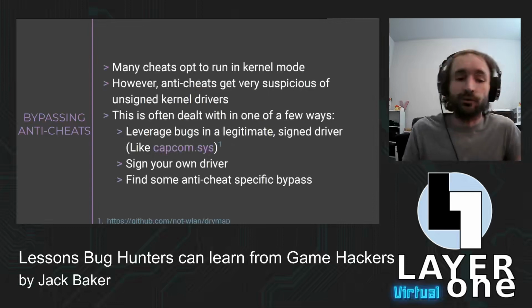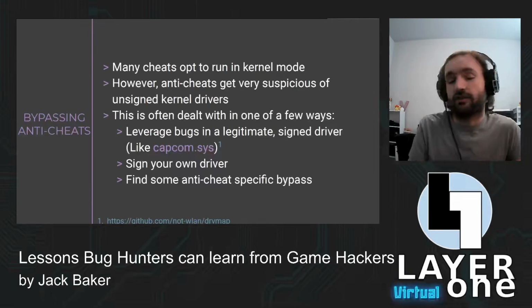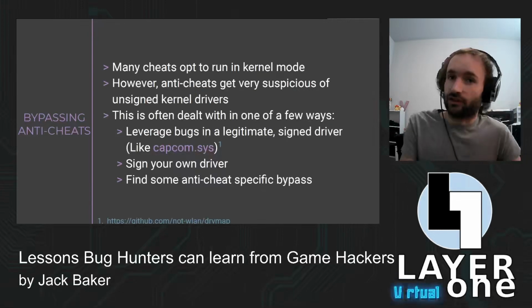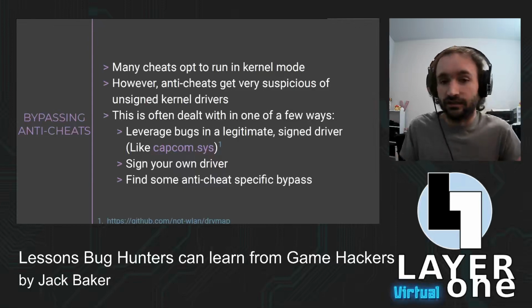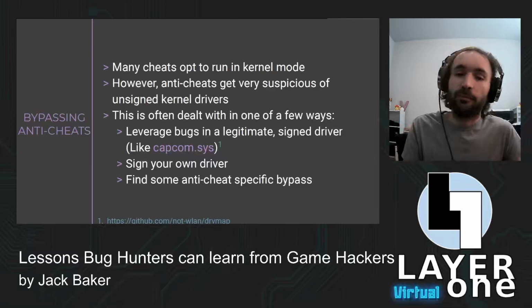So when we talk about bypassing anti-cheats, one of the things that has become more common is basically moving cheats into the kernel. If anti-cheat is moved into the kernel, it only makes sense that cheats need to do the same thing and do the cheating from kernel level.